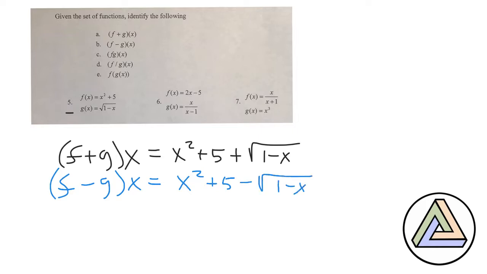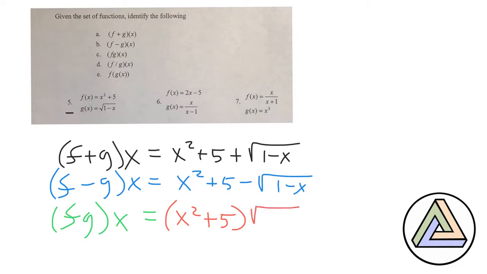What about f times g of x? So that's a little bit trickier, maybe. So that's x squared plus 5. I would wrap this in parentheses because we want to be clear that it's the whole thing being multiplied to this. I believe the teacher would probably prefer to distribute that here and here, right?